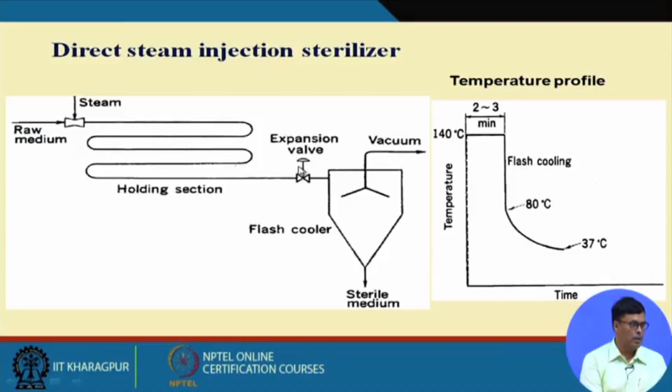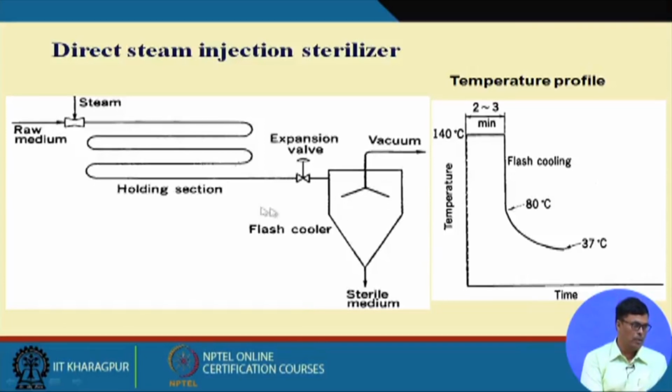Then there is the expansion valve, and through it the media expands in a chamber which we call the flash cooler. From the top the vapor is released, and the concentrated liquid falls down. Here there is a problem: there will be a loss of moisture.